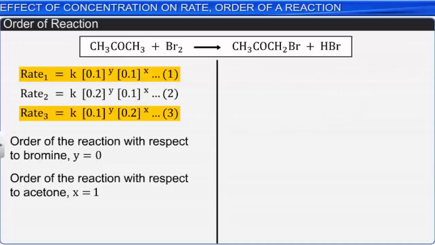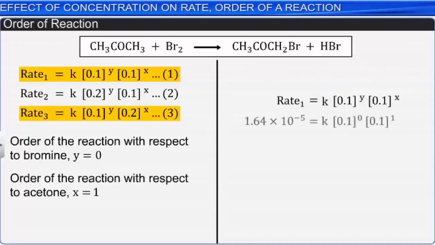We can calculate the value of K by substituting y and x in any one of the three equations as shown. Therefore, we get the value of K as 1.64 multiplied by 10 raised to the power of -4 per second.